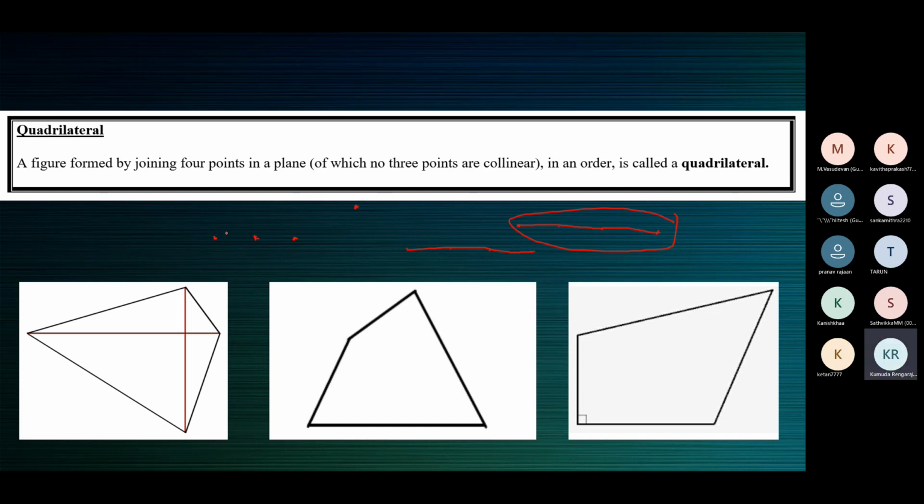Of the 4 points, 3 points are collinear. All the 4 points are not collinear. You can see the 4th point here. Now let's try to join these points and see if we can define a quadrilateral. No. A triangle is formed, but for a triangle, you don't need 4 points.